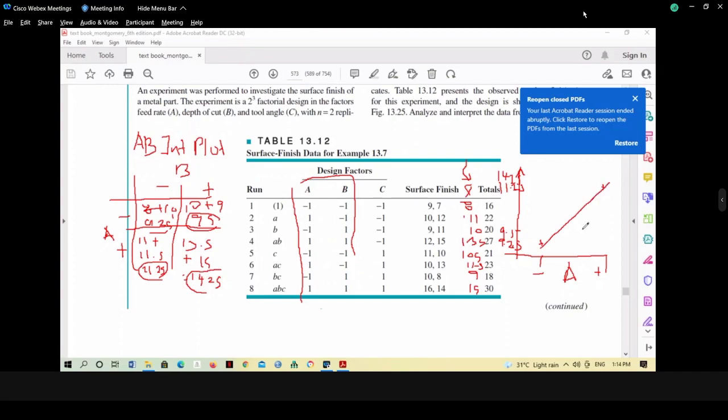Okay, this is B minus. And then we have B plus here, 9.5, which is here. And then this is 14.25, which is here. So this is B plus.